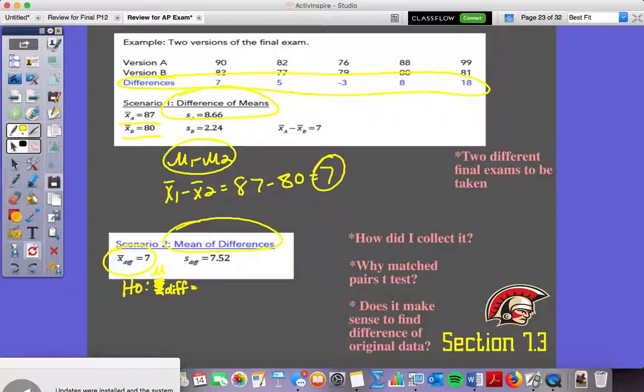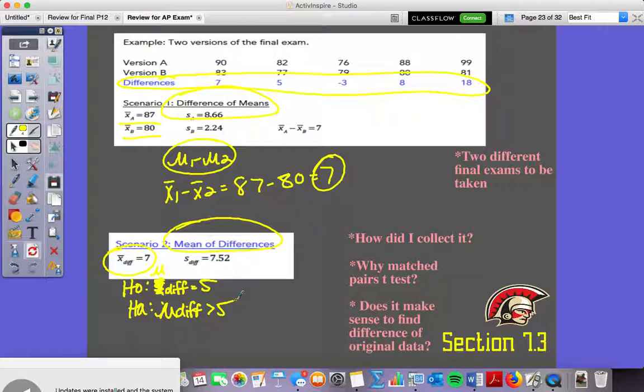So mu diff, let's say we think that the difference was 5, but the alternative of mu diff is greater than 5, okay? We would say mu diff is the true difference between version A and version B of the final exam. And then we would write down our alpha level of 0.05.